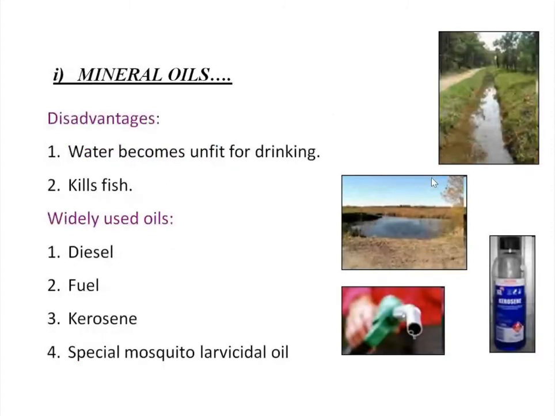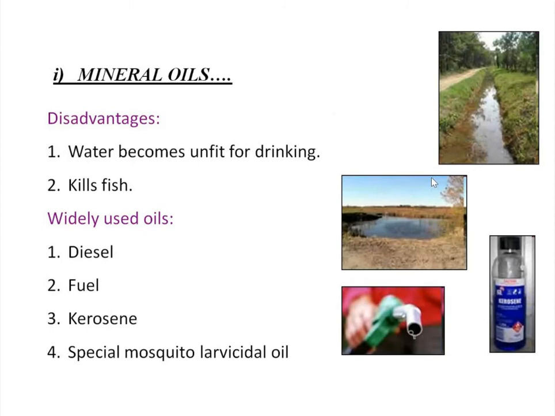But what are the disadvantages with this? It mainly makes the water unfit for drinking. Obviously, if you are mixing oil into the water, it is unfit for drinking, and it is also dangerous to fish present in the water. It also kills the fish. Most commonly used oils are diesel, fuels, kerosene, or some other mosquito larvicidal oils.